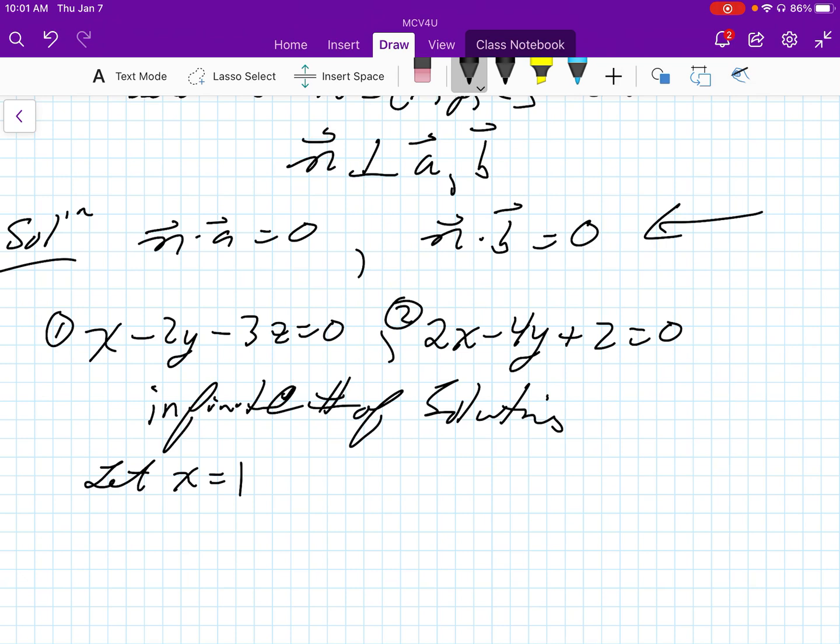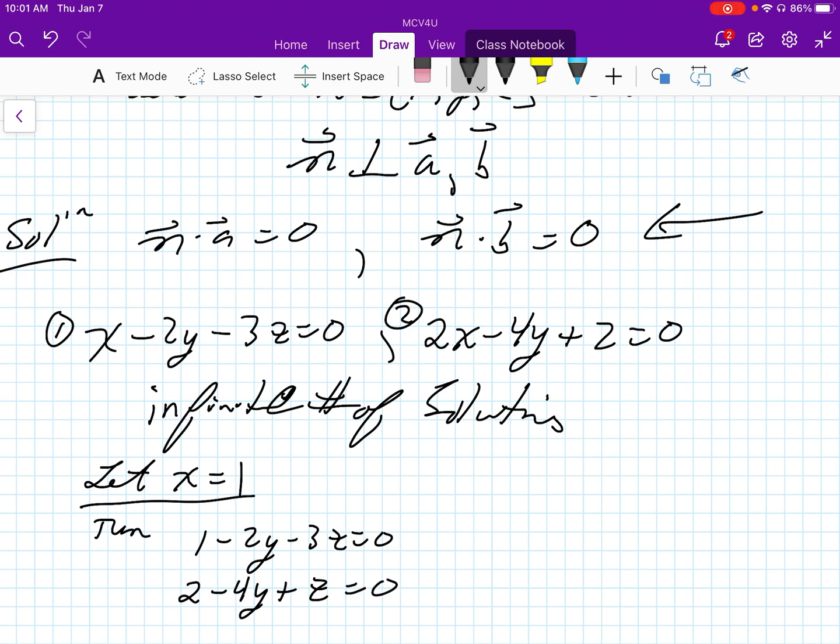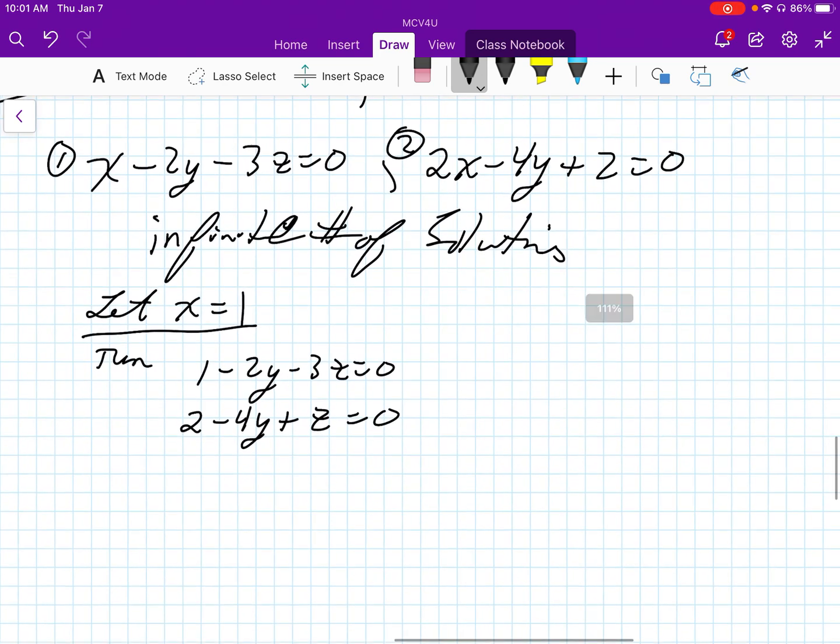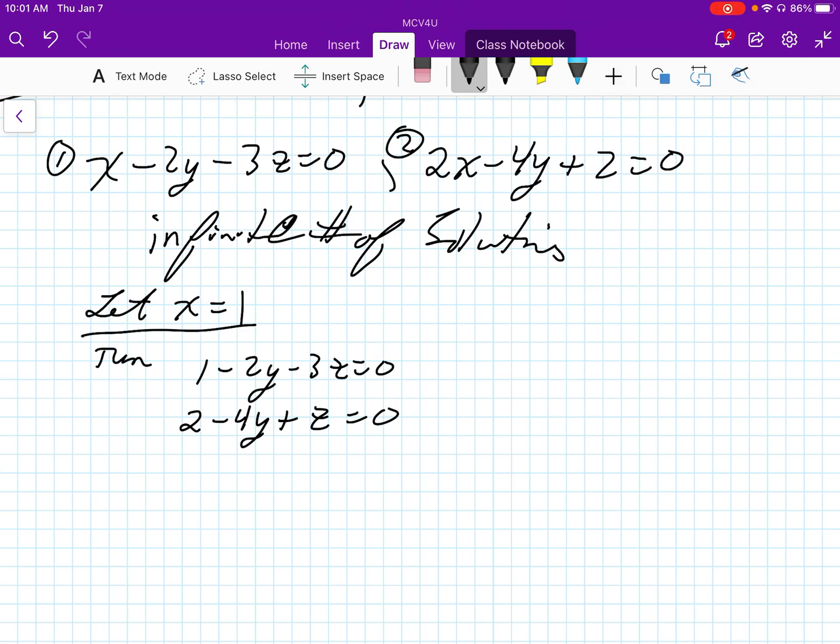All right, so if x is equal to 1, then we have 1 minus 2y minus 3z equals 0, and we have 2 minus 4y plus z equals 0. Notice here we have two equations with two unknowns.